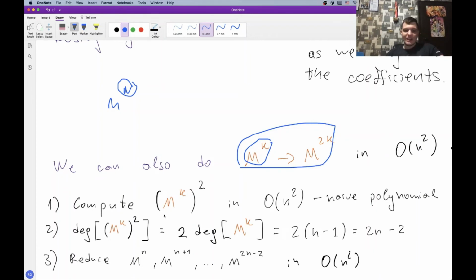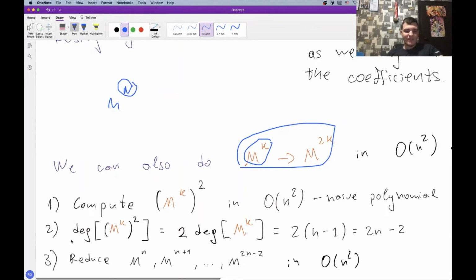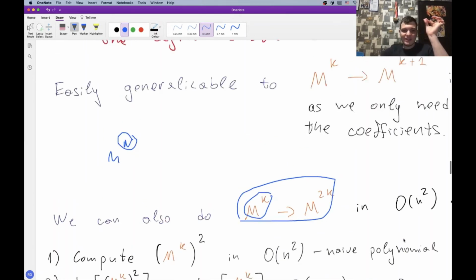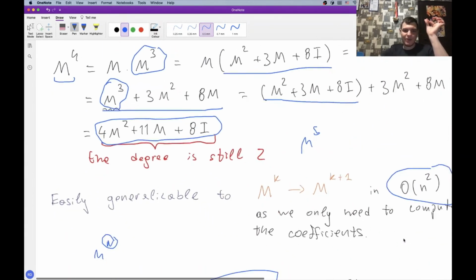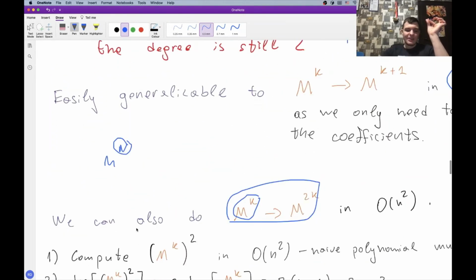So we can compute mk squared with the naive polynomial multiplication in O(n) squared. However, now the degree of this new thing will be twice the degree of mk, so the new degree will be 2n minus 2. But if we consider the same thing as before, we can do the reduction.